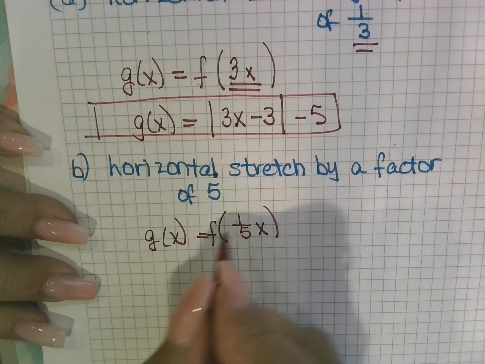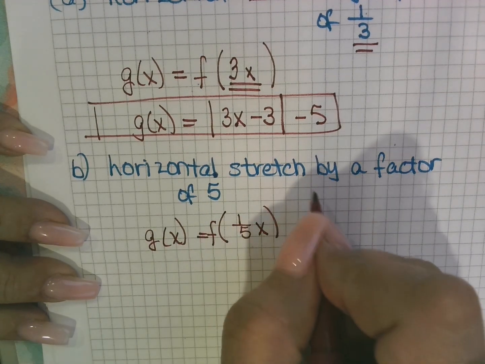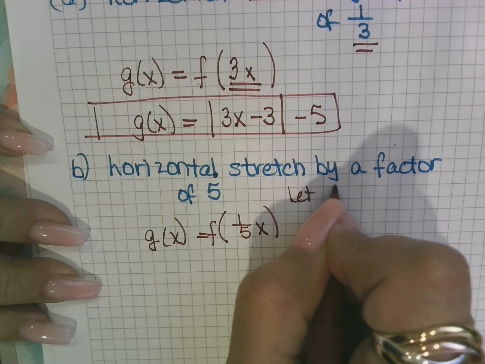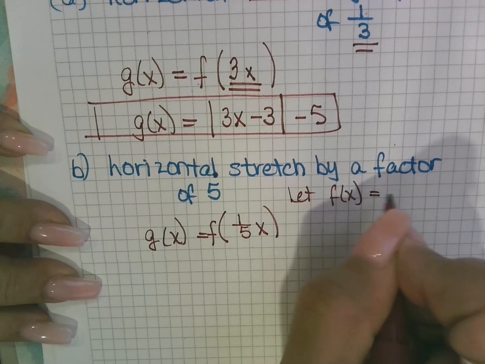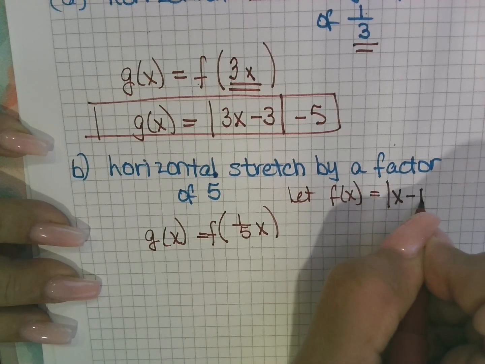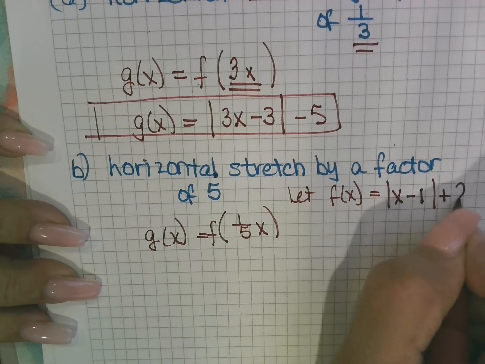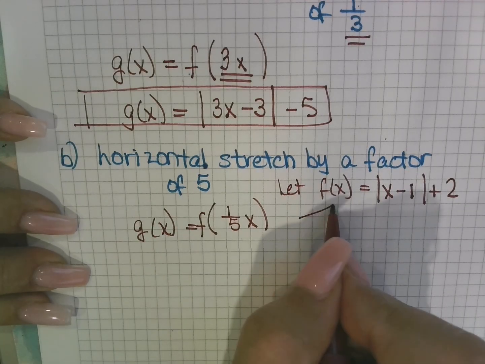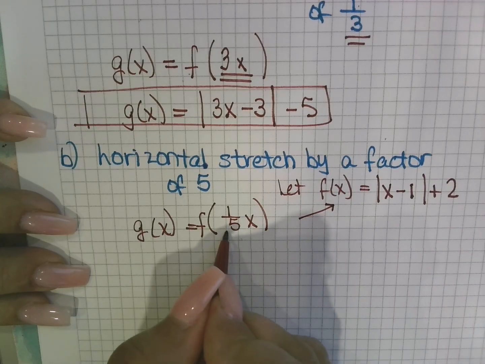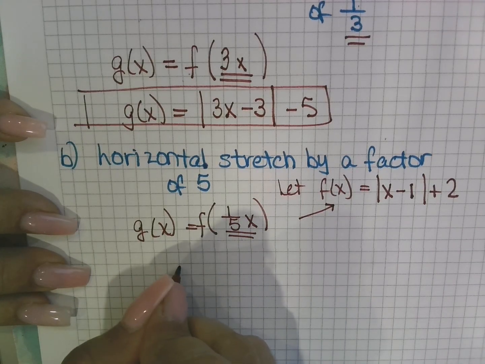So wherever there is an x in the original, let me tell you what f of x is. F of x equals absolute value of x minus 1 plus 2. So we're going to look at this. Wherever there's an x, we're going to put a 1/5 x.